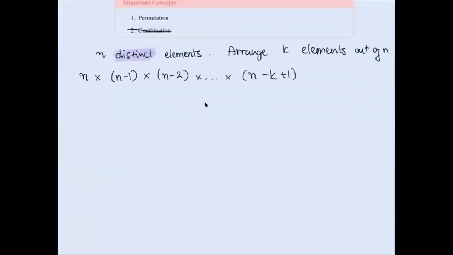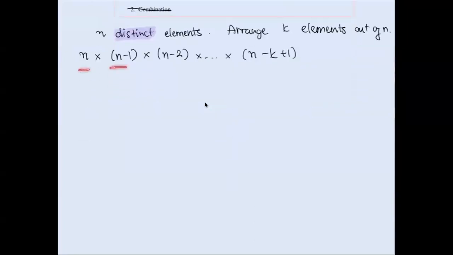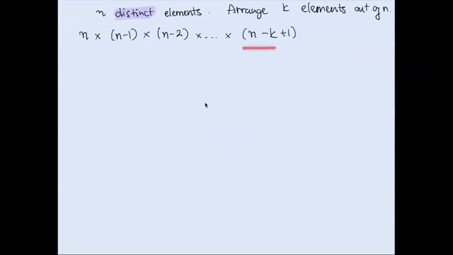Because if you think about it, you have k positions in total. Like this is the first position, the second position, the k-th position. And for the first position, you'll have n choices to fill in.